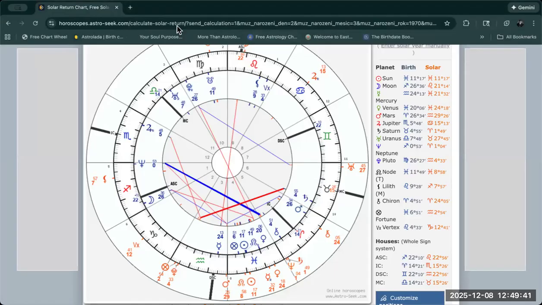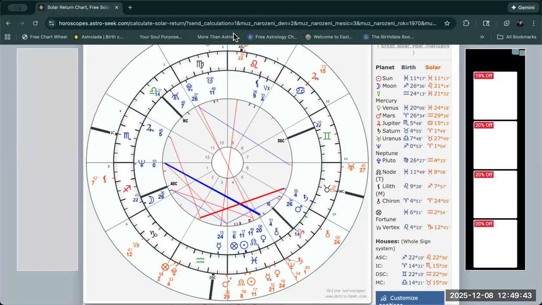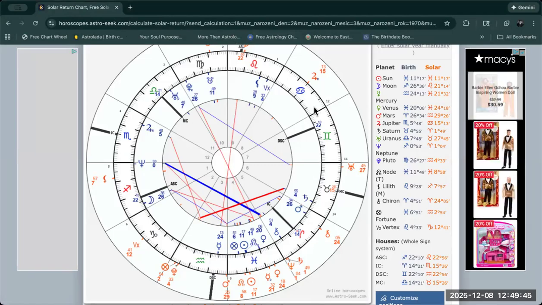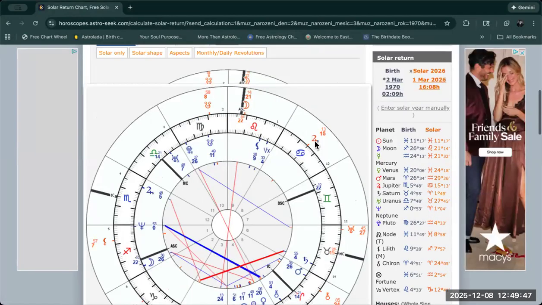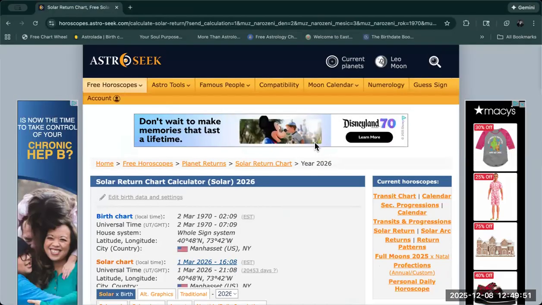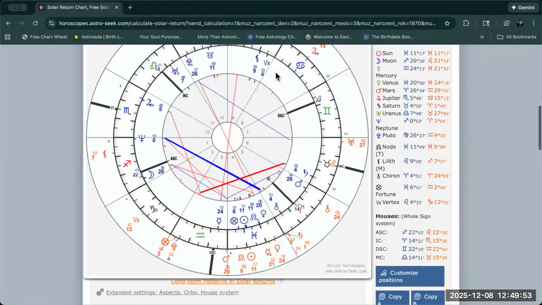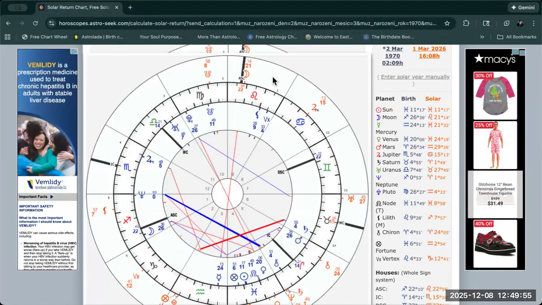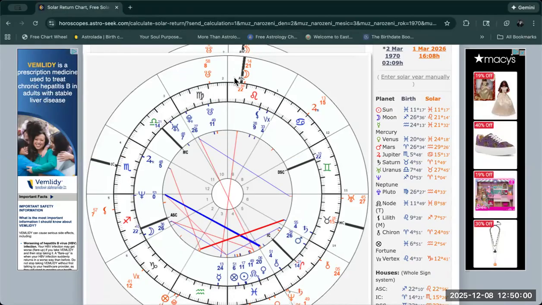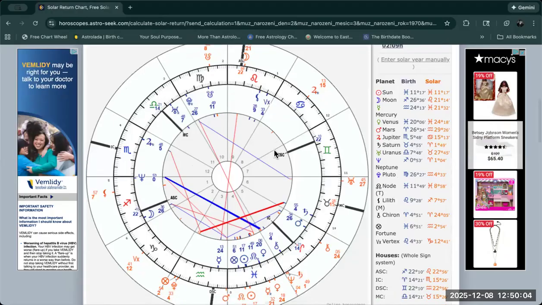What are we looking at here? This one is from AstroSeek, astro-seek.com, where we have this. Here is my solar return chart.